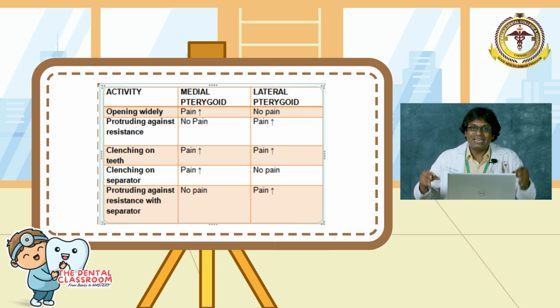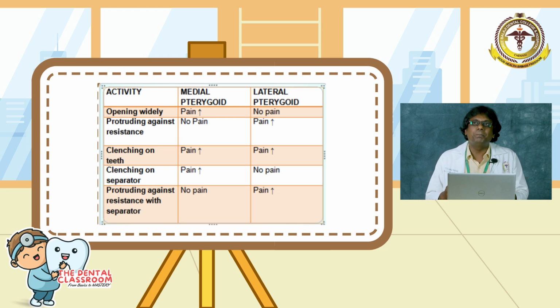Both the medial and the lateral pterygoids will contract and stretch. When the muscle contracts and when the muscle stretches, that plays a key role. As I said before, the temporomandibular joint has to be examined for both opening and closing the mouth.